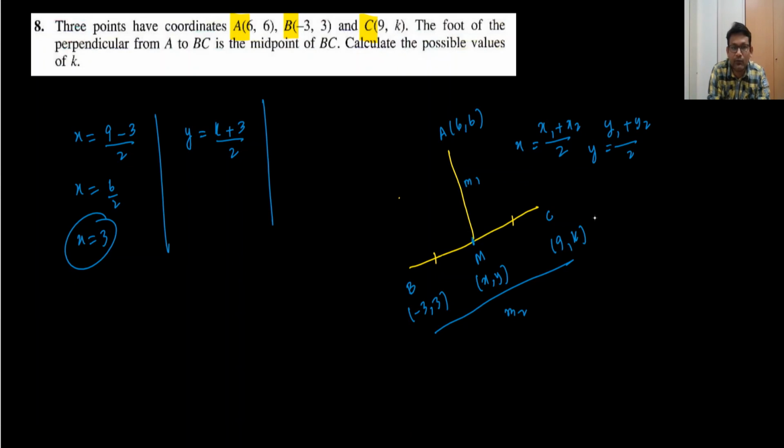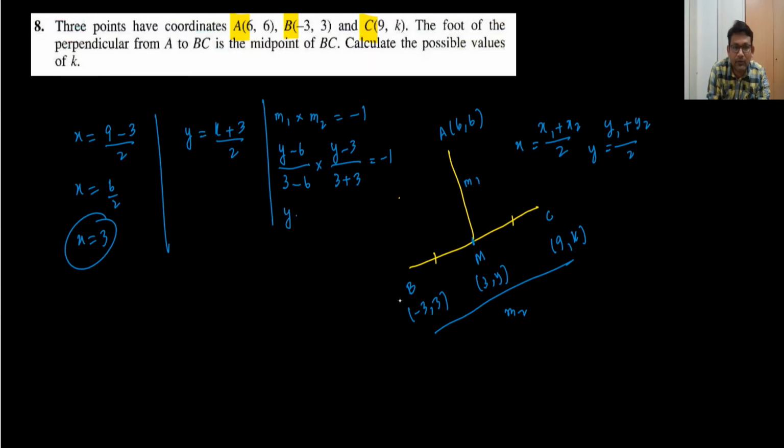So gradient m1 multiplied by m2 is equal to minus 1. m1 is (y minus 6) divided by (3 minus 6), multiplied by m2. We take this one because if we take k, we will have two unknown values. So y is better: (y minus 3) divided by (3 minus 3)..., equal to minus 1.